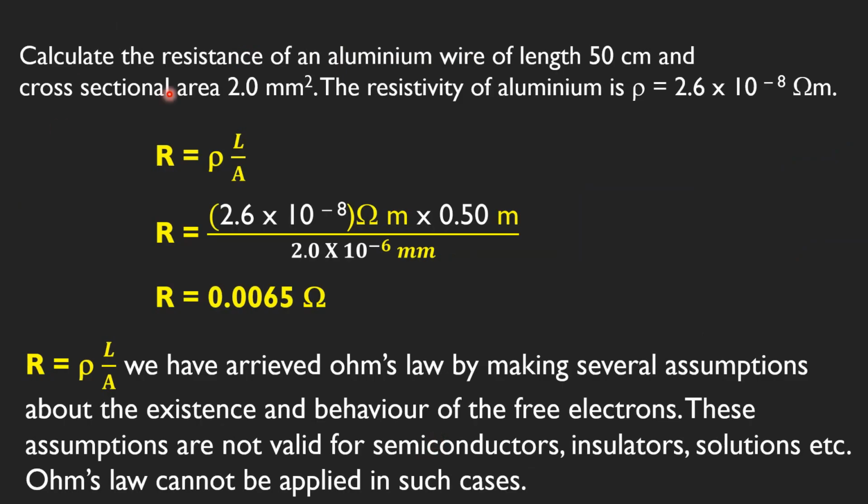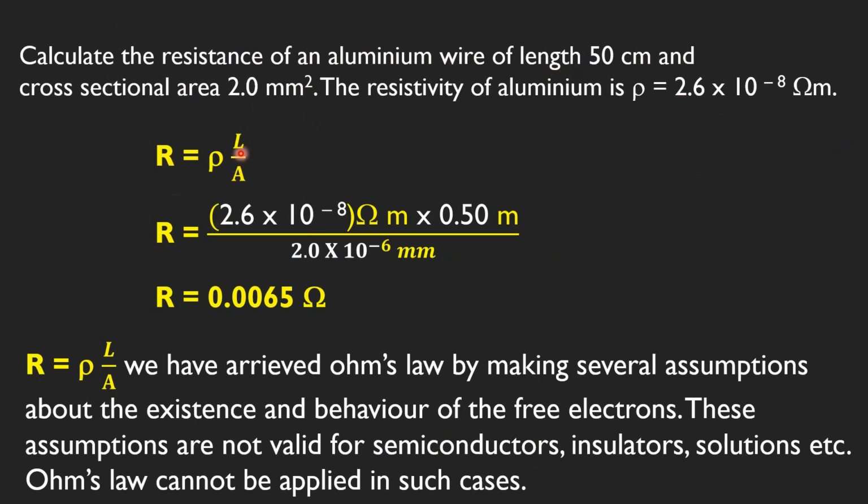Okay. Now an example problem is given. How to calculate the resistance of an aluminum wire which has a length of 50 centimeter and cross sectional area of 2 millimeter square, and the resistivity of aluminum is given. So we know the formula.